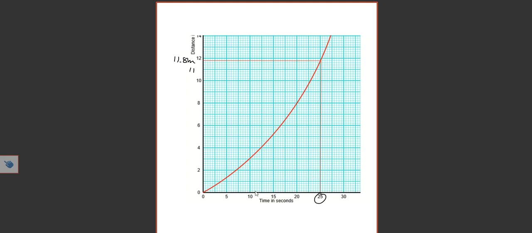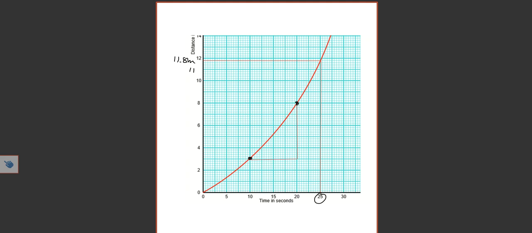When I asked you for the average speed between 10 and 20, what did we do? We went up to that point and we went to 20 and we looked at the change in distance and the change in time.